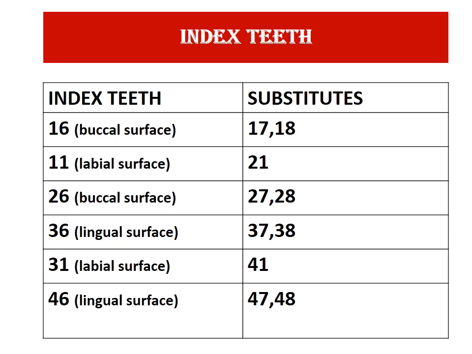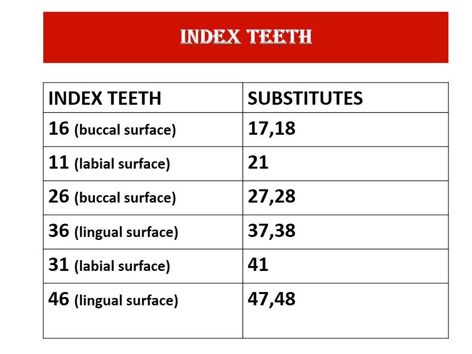The substitutes for these index teeth when the index tooth is absent in the oral cavity: we take 17 or 18 for 16, we take 21 for 11, we take 27 or 28 for 26, we take 37 or 38 for 36, 41 is taken for 31, and 47 and 48 are taken for 46.